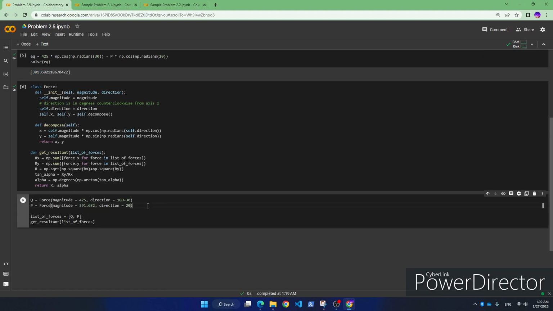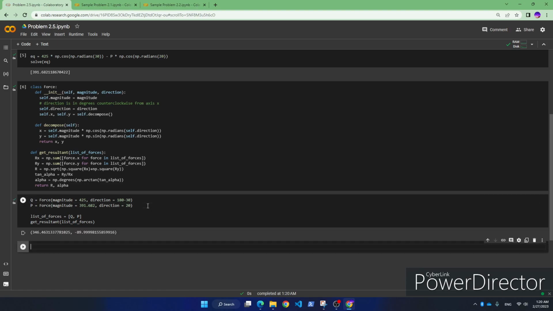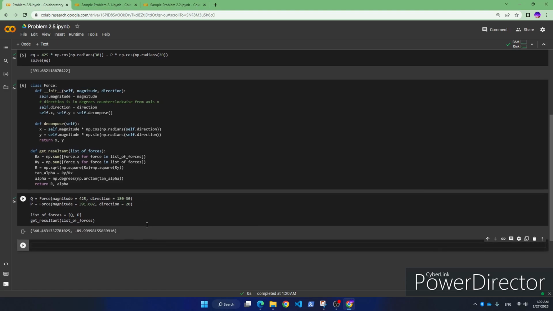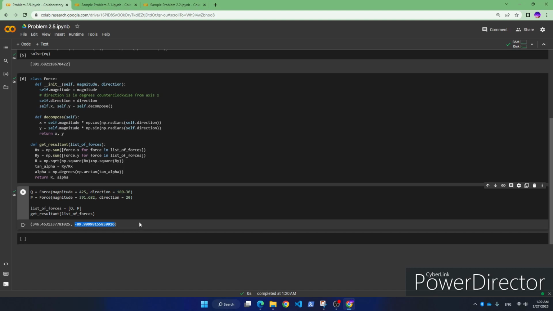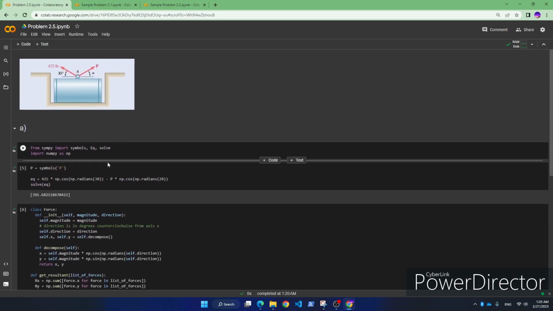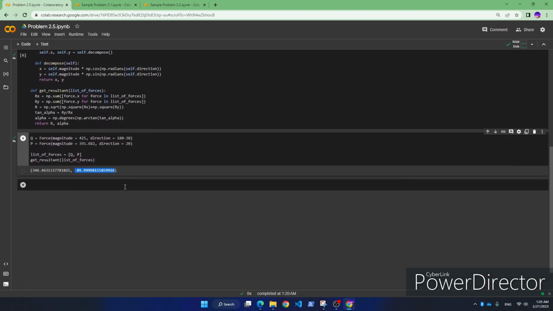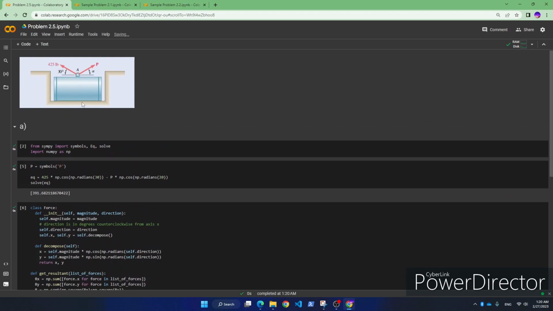It will, and we can easily get the resultant. And the reason it's actually giving, it shouldn't really be giving negative, but it's given us negative 90 degrees, which would mean it will be down.